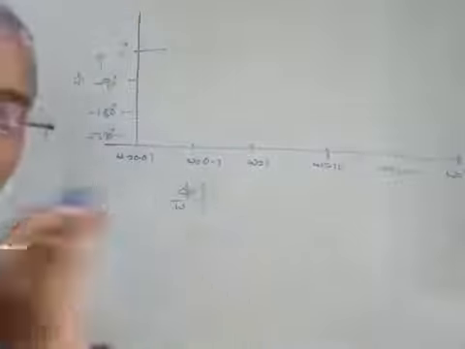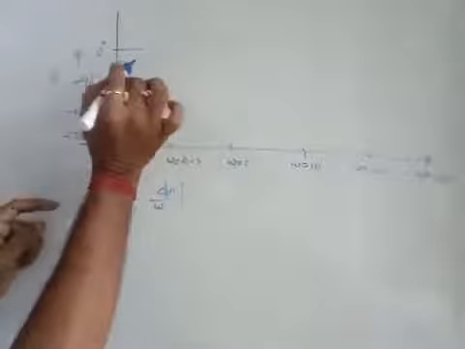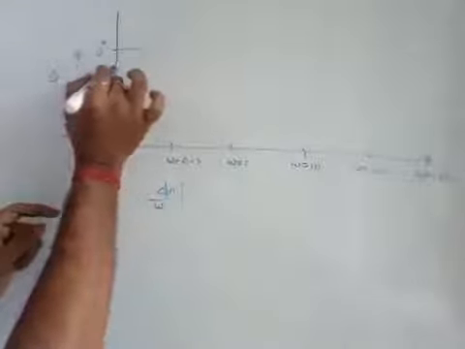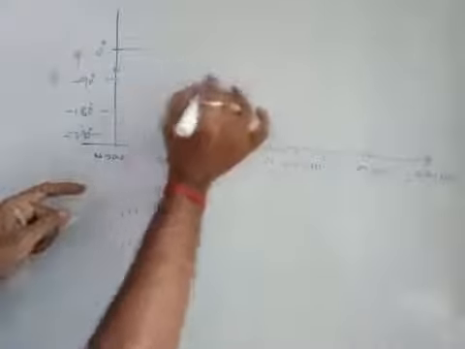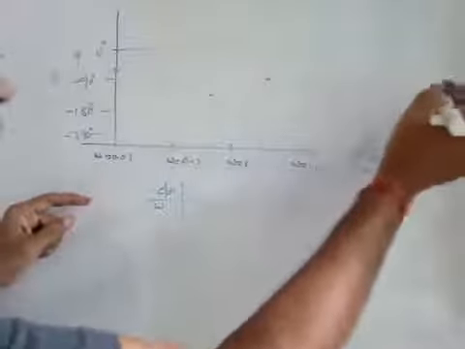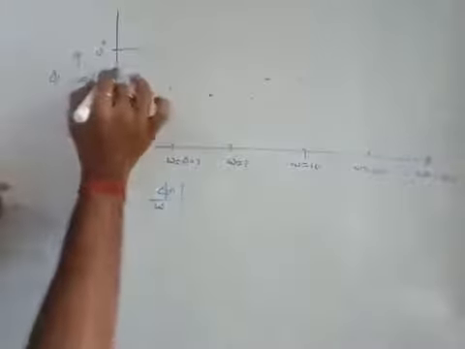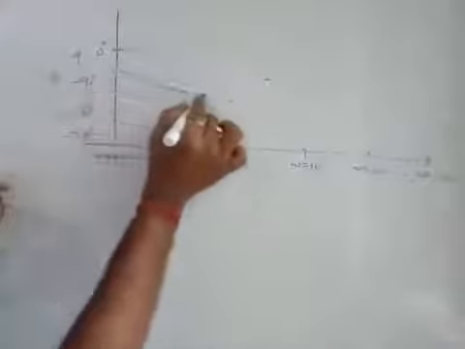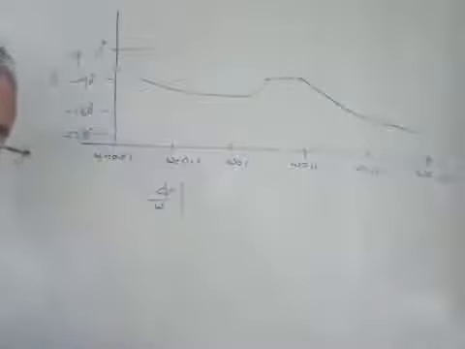Based on that table, you put omega equal to 0.01, so the angle maybe minus 75 degree, and similarly for all other values of omega. Finally, all these values, you just draw freehand, the line like this. So this is your phase plot, as simple as that, nothing else.